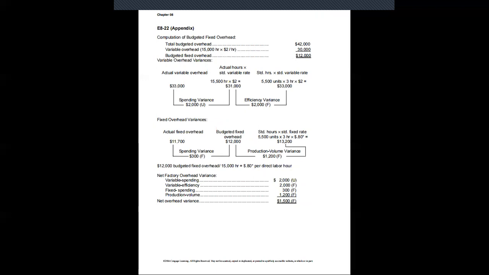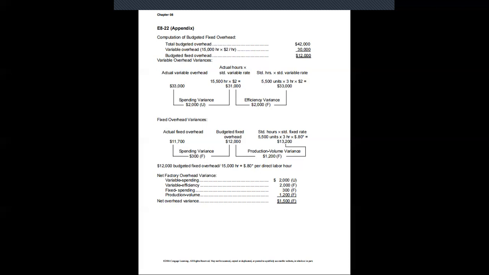The variable overhead is 3 hours times $2 per direct labor hour, so it's 6 per unit. The actual data for the period follow: actual completed units, then actual direct labor hours, actual variable overhead, and the actual fixed overhead.